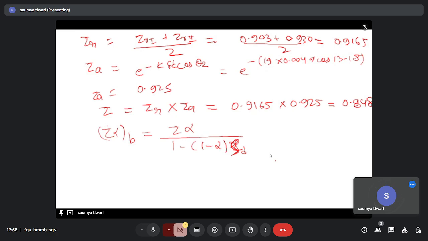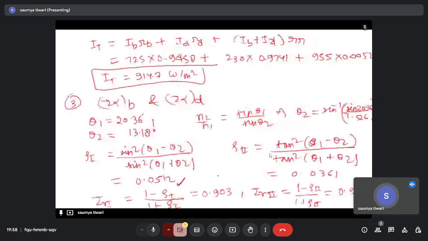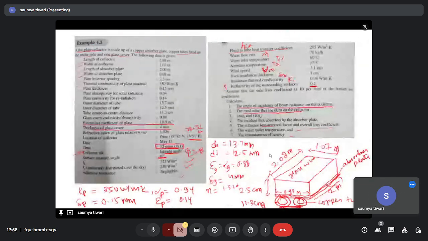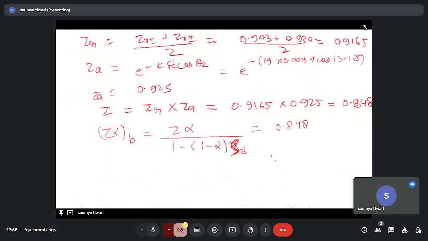So if we put the values, the tau value is 0.848. The absorptivity value was 0.94, right? So it will be 0.94, 1 minus 0.94, and the rho d value.